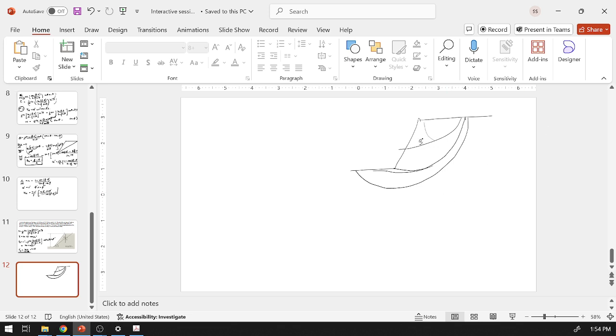This is a slope face failure. This is a toe failure, and this is a base failure.